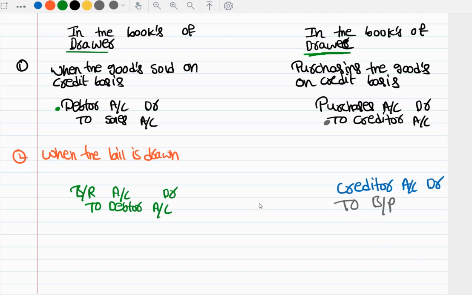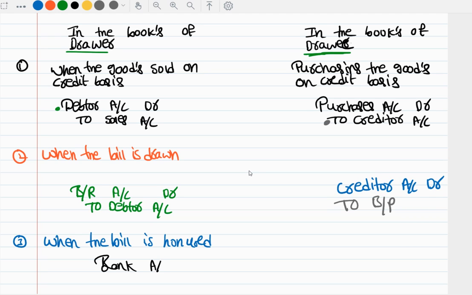Okay, then third one, when the bill is honored, so we will be receiving the money, so bank account debit, and then we need to cancel this bills receivable, so to cancel it I will credit it: to bills receivable account.